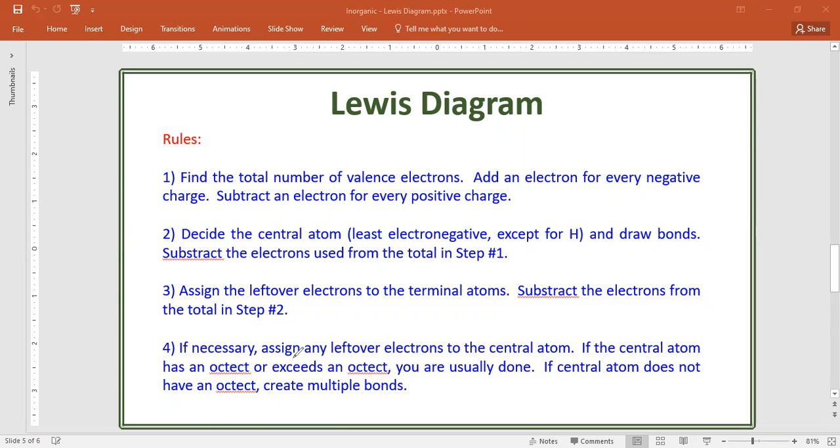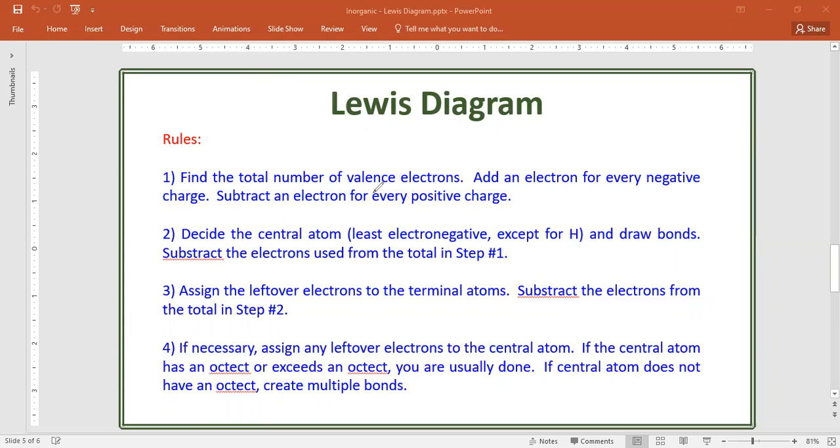If necessary, assign any leftover electrons to the central atom. So any electrons left over after assigning to the fluorine, the terminal atoms in our silicon tetrafluoride? No, we don't have any in this example, so it is not necessary to add any electron to the central atom.